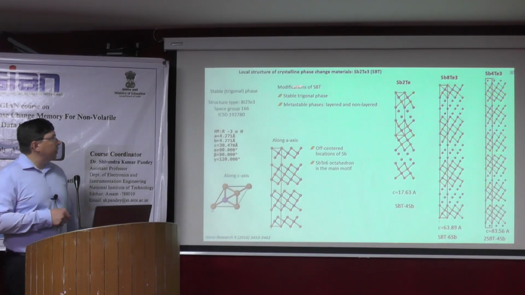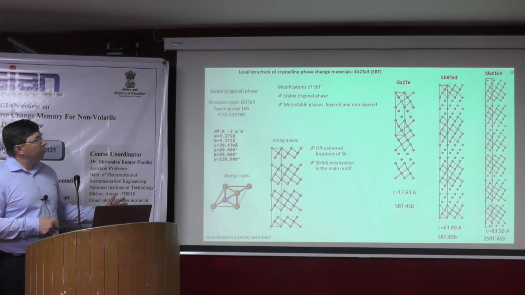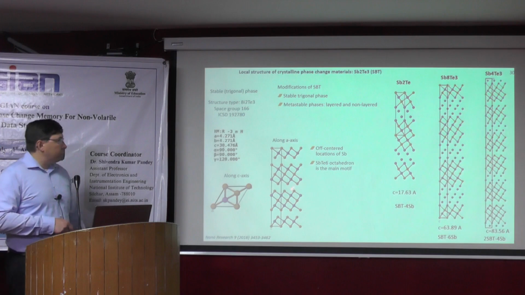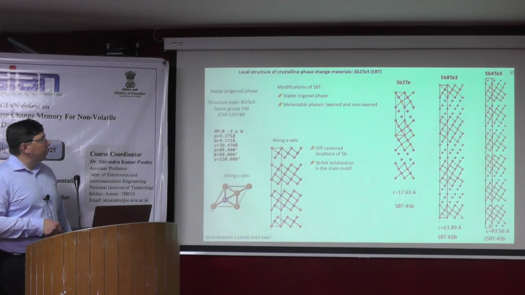So this is the structure. The first structure discovered in this system is again a stable trigonal structure. It's also a layered structure, crystallizing in the trigonal system.